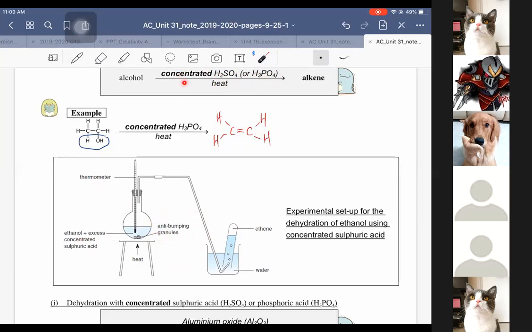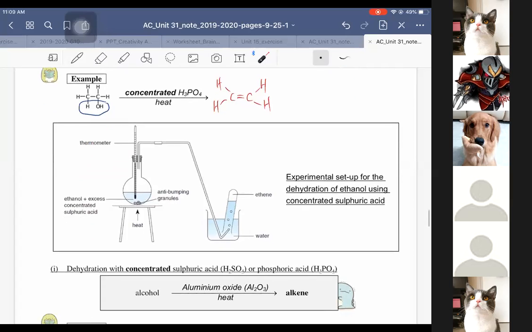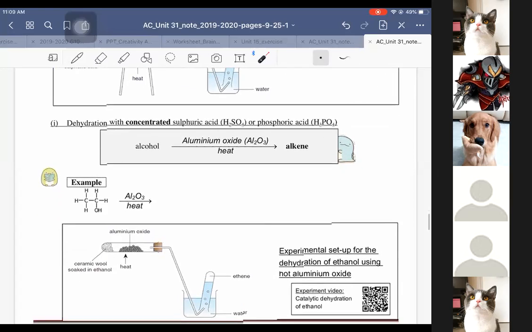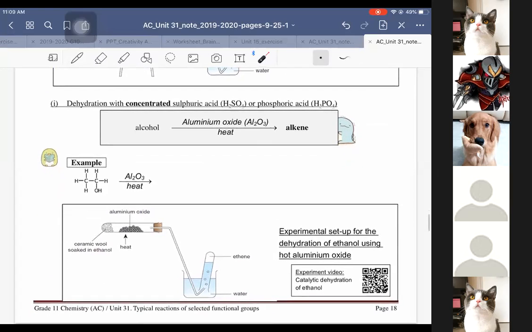If we don't want to use a solution as a catalyst, we can also do this reaction using a solid. Here, I want you to change something on your notes. This part should not be like this. It should be the aluminum oxide.